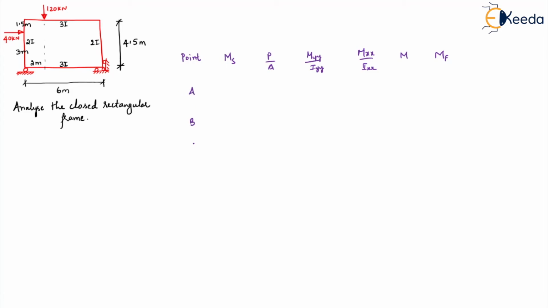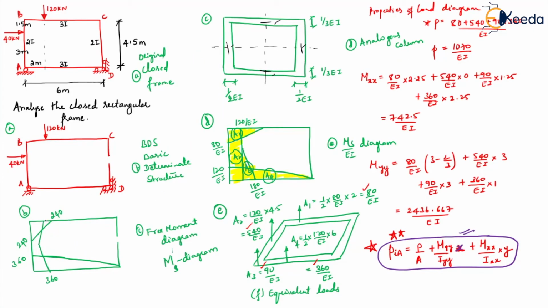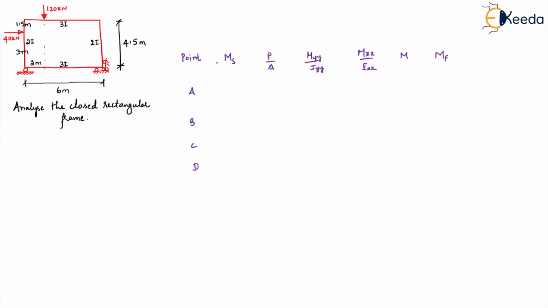Okay, so points are A, B, C and D. MS, we have previous diagrams, if you observe, we have all these values. Okay, so that will be minus 360, minus 240, 0 and 0. Then P by A will remain same for all the values, minus 125.88.